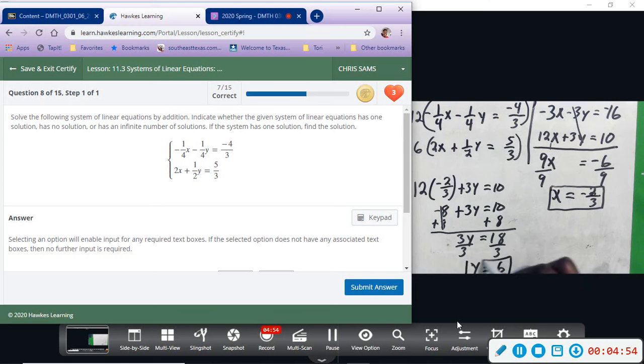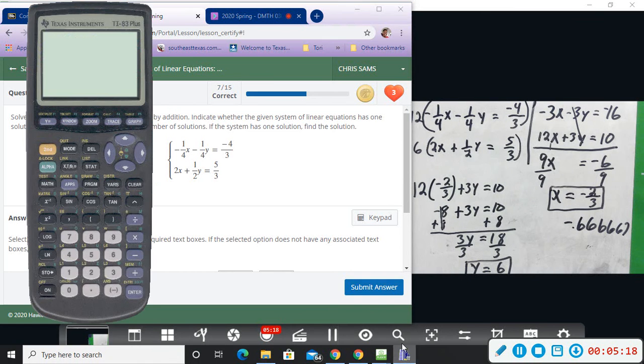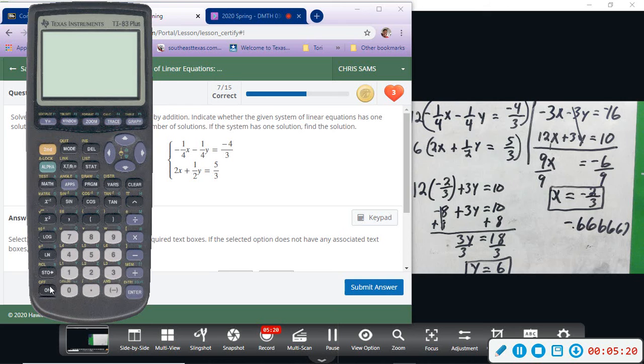Okay, so if you were to solve this one with the calculator, it would probably give you a decimal. So this would probably be showing up as negative 0.6 repeating, and then a 7 at the end. If you would want the calculator to turn that into a fraction for you, what you would have to do is type in 6's all the way across.